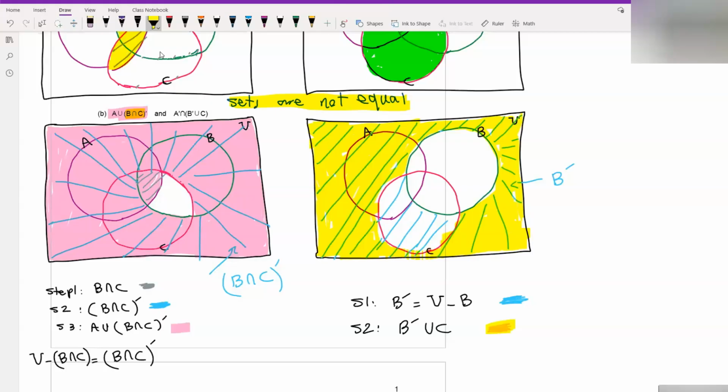And also I should have C. So all these are blue. But since we have to add members in C, add this part to the union.